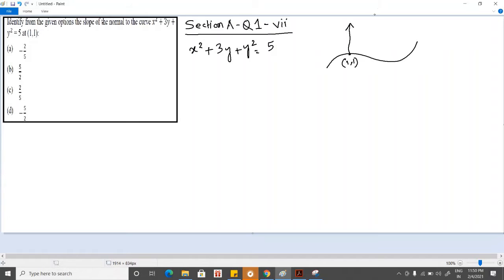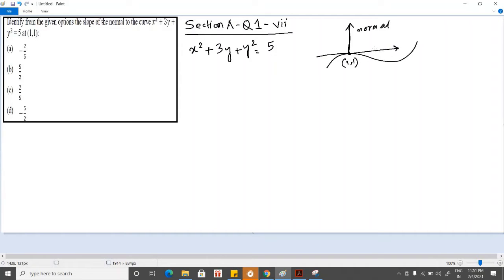So this is our normal. We have to find out what is the slope of this normal. We can consider a tangent which is drawn at this same point like this. This is the tangent.